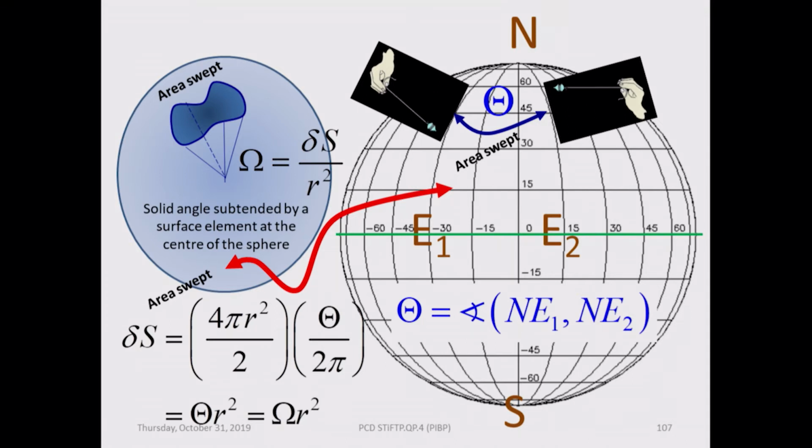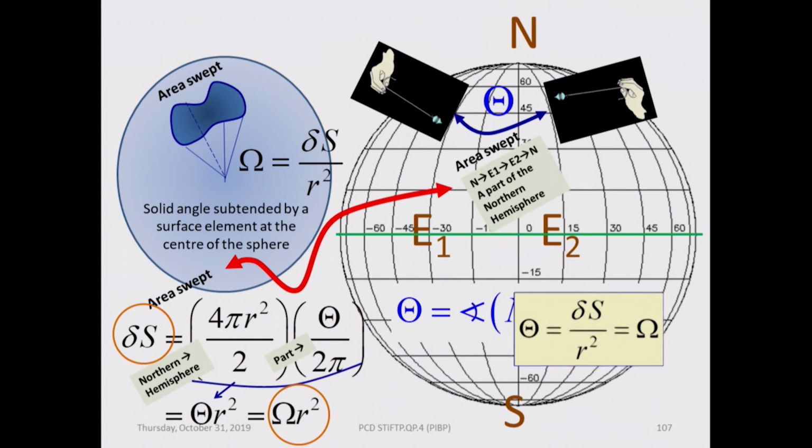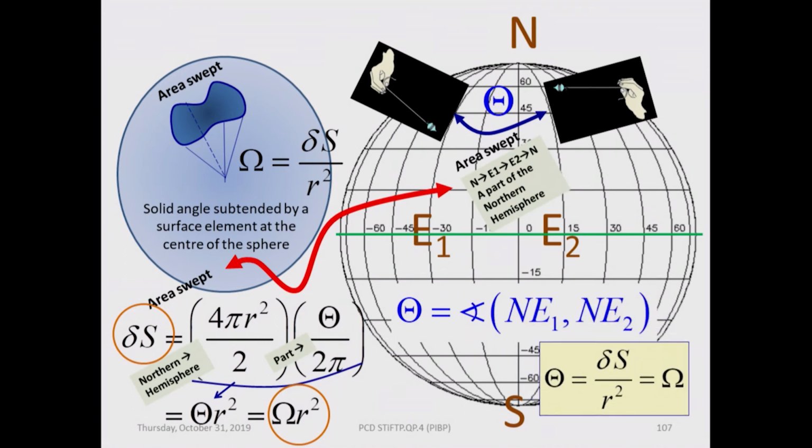but if that area is delta s, it would subtend a certain solid angle at the center, which will be delta s over r square. So, notice that theta is equal to omega irrespective of the shape of the contour.